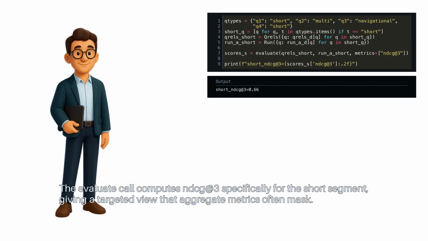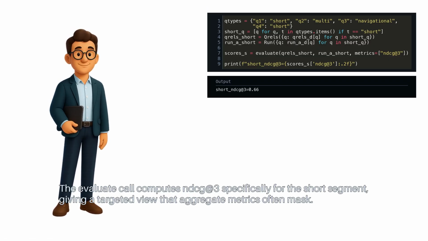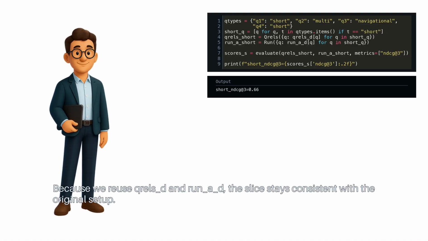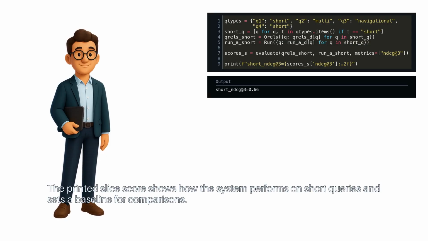The evaluate call computes NDCG at 3 specifically for the short segment, giving a targeted view that aggregate metrics often mask. Because we reuse qrels_d and run_A_d, the slice stays consistent with the original setup. The printed slice score shows how the system performs on short queries and sets a baseline for comparisons.